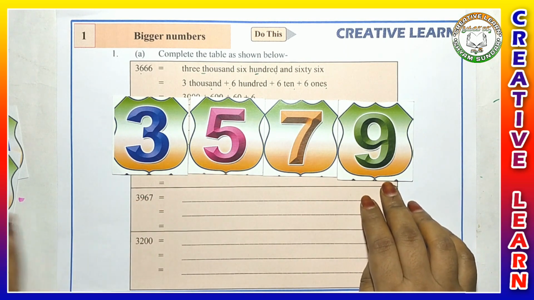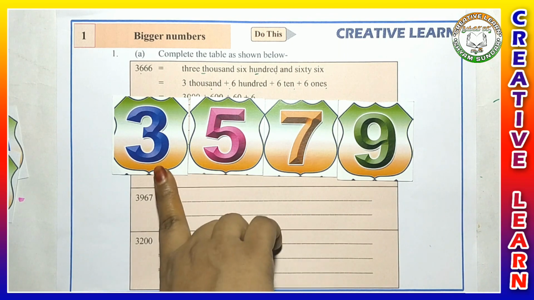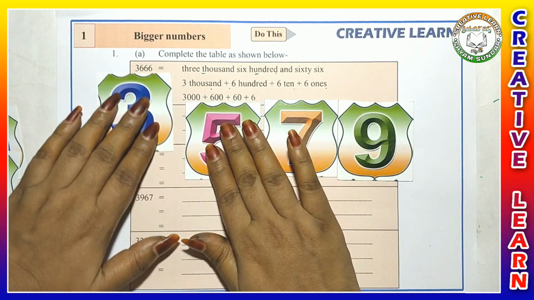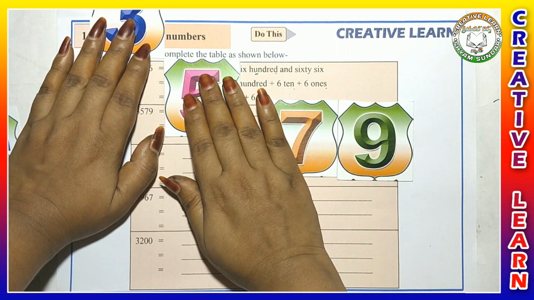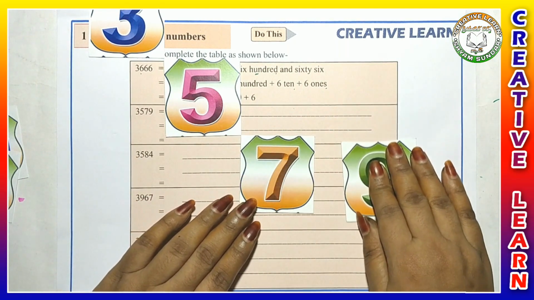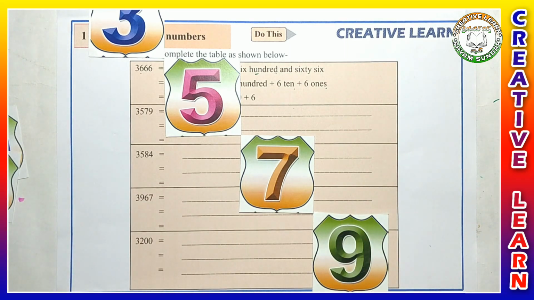Let's see the place values first: ones, tens, hundreds and thousands. So how many thousands are there? 3000s. How many hundreds are there? 500s. How many tens are there? 7 tens. And how many ones are there? 9 ones. Let's write the expanded form.